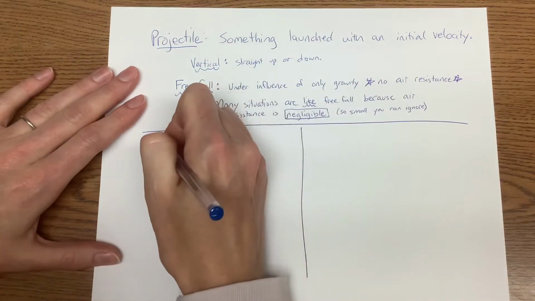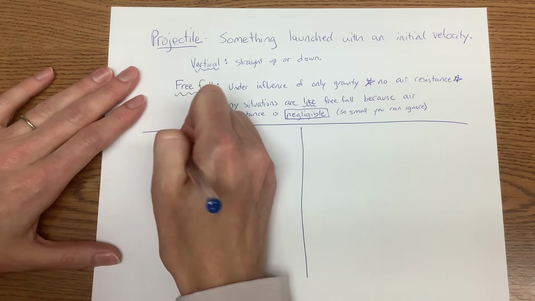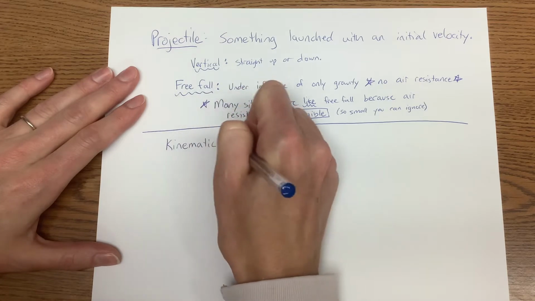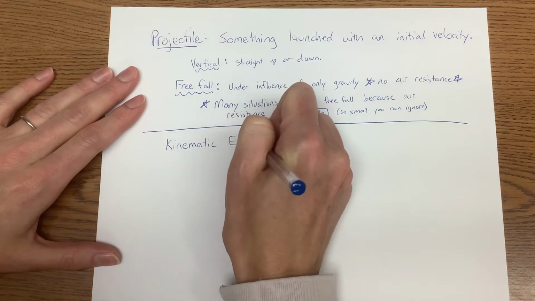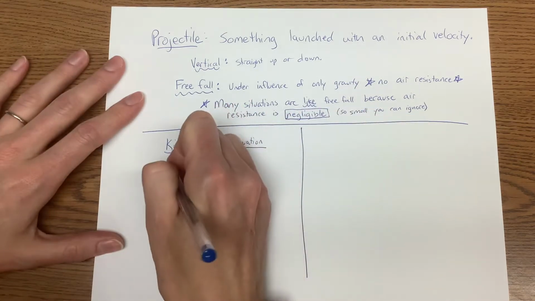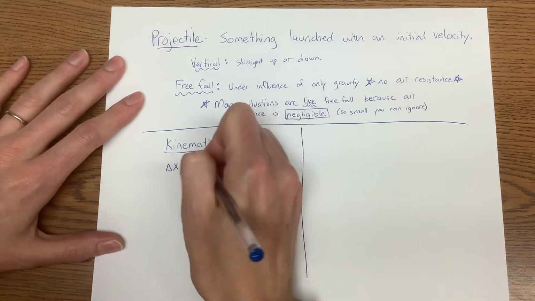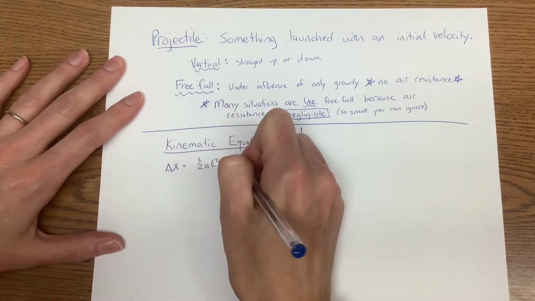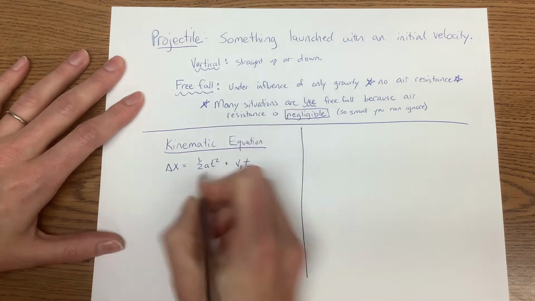Okay, so here's what we're going to do for vertical projectiles. We have these kinematic equations that are on your equation sheet, and they look like this. We have x equals one half a t squared plus v naught t plus x naught. I'm going to leave some of the subscripts off.